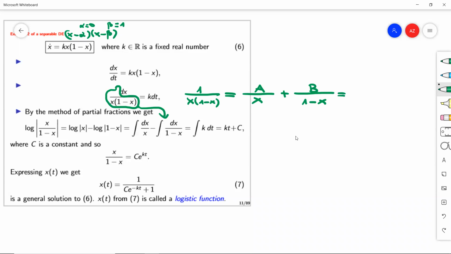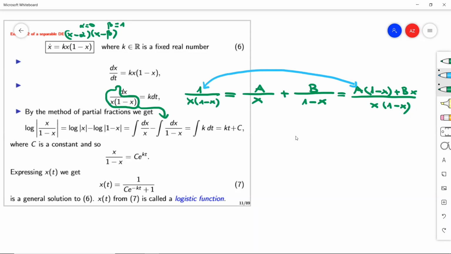So what we do here is put everything to the same denominator: A times 1 minus x plus Bx over x times 1 minus x. And then we can determine A and B explicitly. We can compare the numerators.